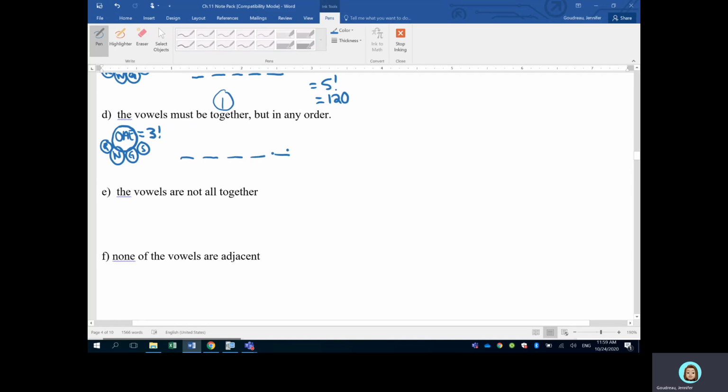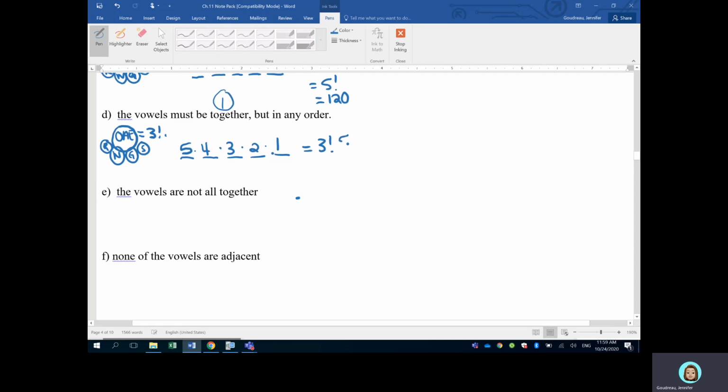Again, we have no restrictions on what order these items are going to go in. I have 5 choices for the first blank. I might use the vowels. I might use one of my individual consonants. Whatever I use, I cannot use again. 4, 3, 2, 1. Fundamental counting principle says multiply all of your choices together.